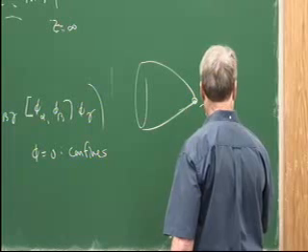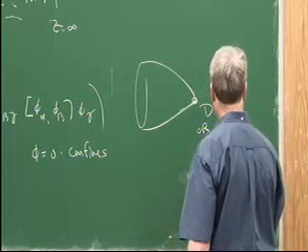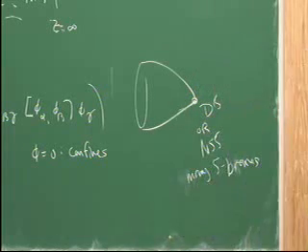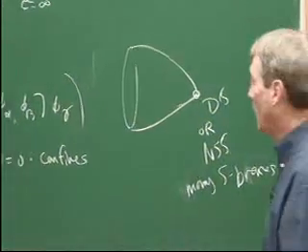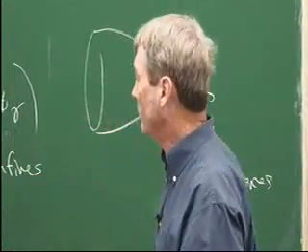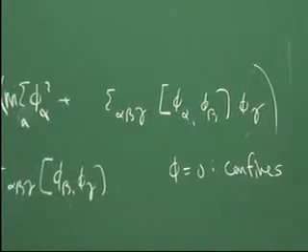And the fact that there are many ways to cap off the geometry reflects the fact that the theory has many vacua.